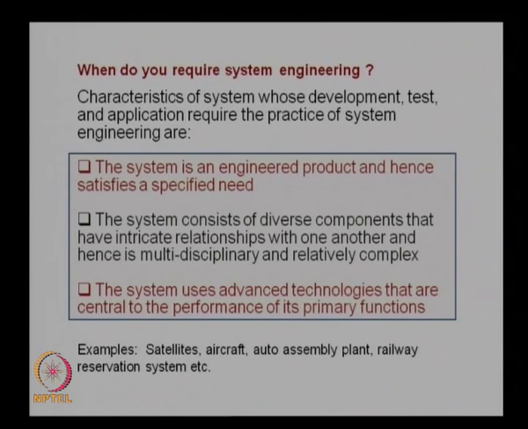So any system which satisfies these three conditions, that the system is an engineered product with a particular specified need, that it warrants the use of multiple disciplines as well as technologies, and that newer or advanced technologies are being used, is a good candidate for application of engineering system principles.